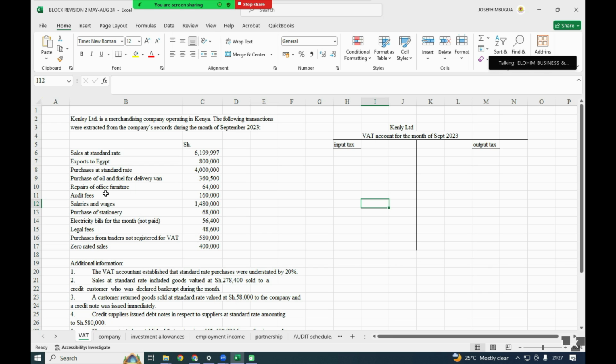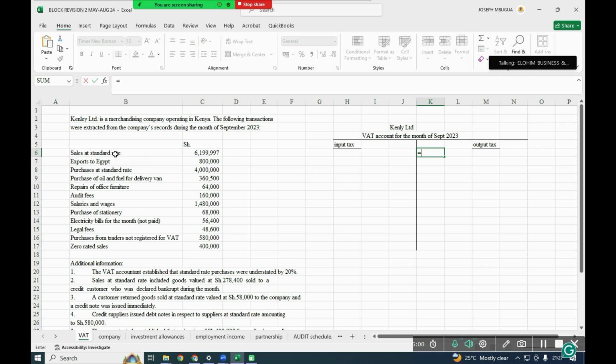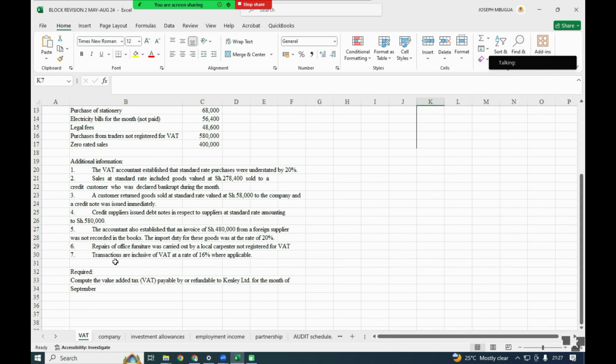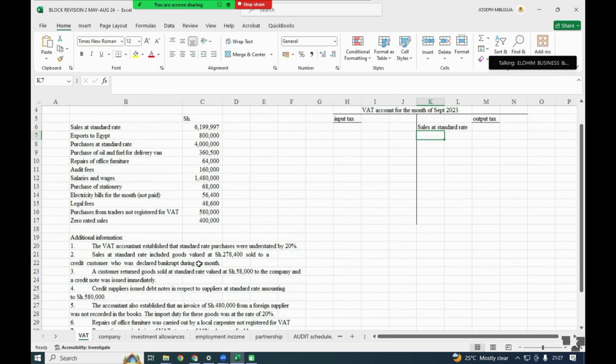We are told sales at standard rate include goods valued at 278,400 sold to a credit customer who was declared bankrupt. There's no problem with that. For that one, we shall have what we call the bad debt relief. Transactions are inclusive of VAT at the rate of 16%.